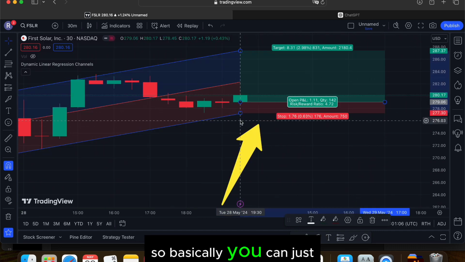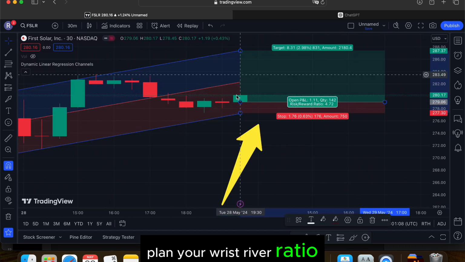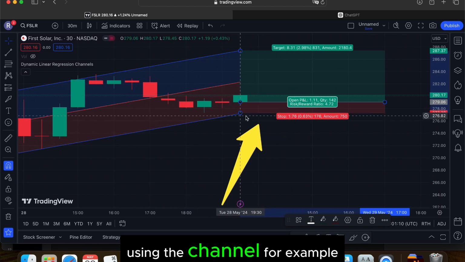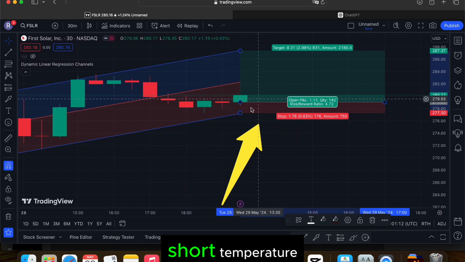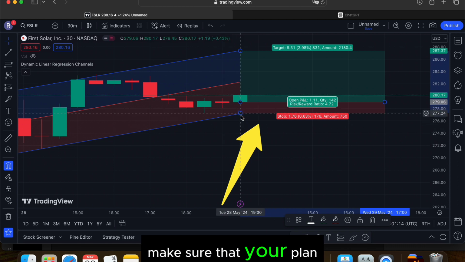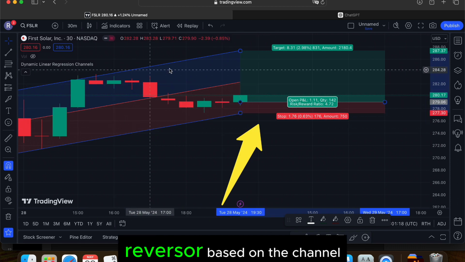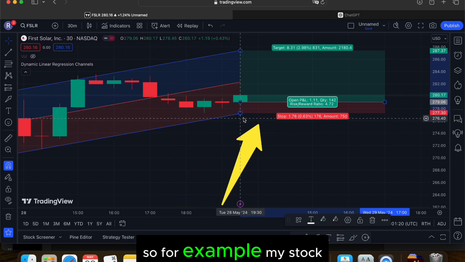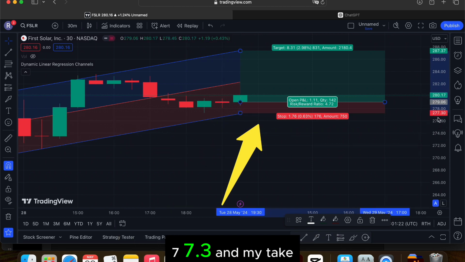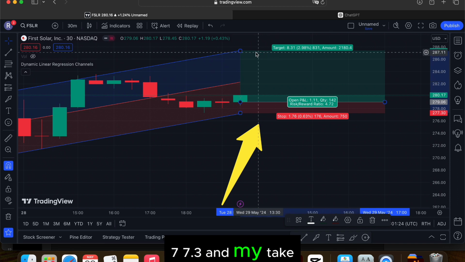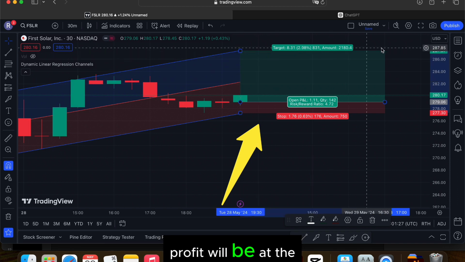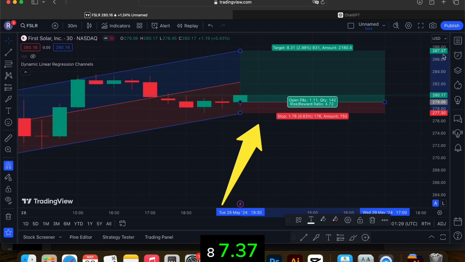So basically you can plan your risk reward ratio using the channel. For example, you want to plan a short-term position, make sure that you plan and cut loss if the trend has a reversal based on the channel. So for example, my stop loss will be 277.3 and my take profit will be at 287.37.